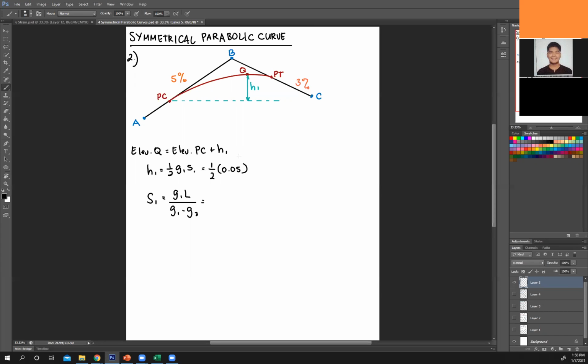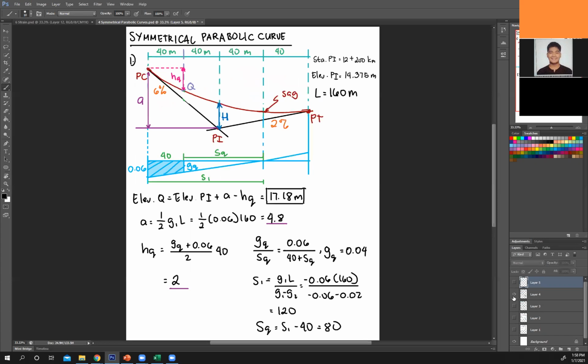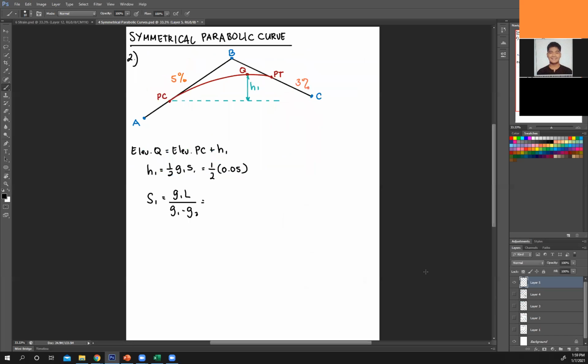You're going to get the absolute value, except for S. Okay? So for S, the sign is important. Here, I use positive 0.06, since all I need is the magnitude of A, the length of A. But here in S, I included the sign, G1, G2. Usually I'm just looking for the magnitude, but for S1, it's a different story. You need to apply your signs. So G1 is positive 0.05.